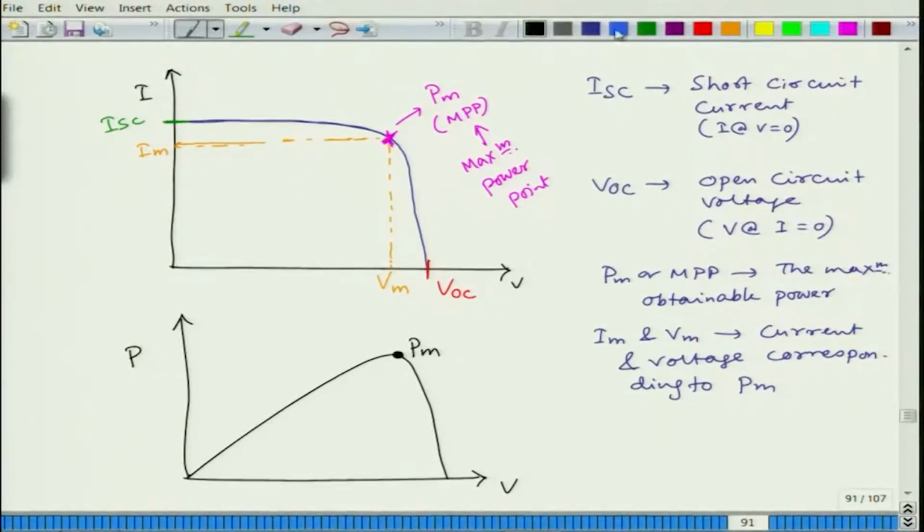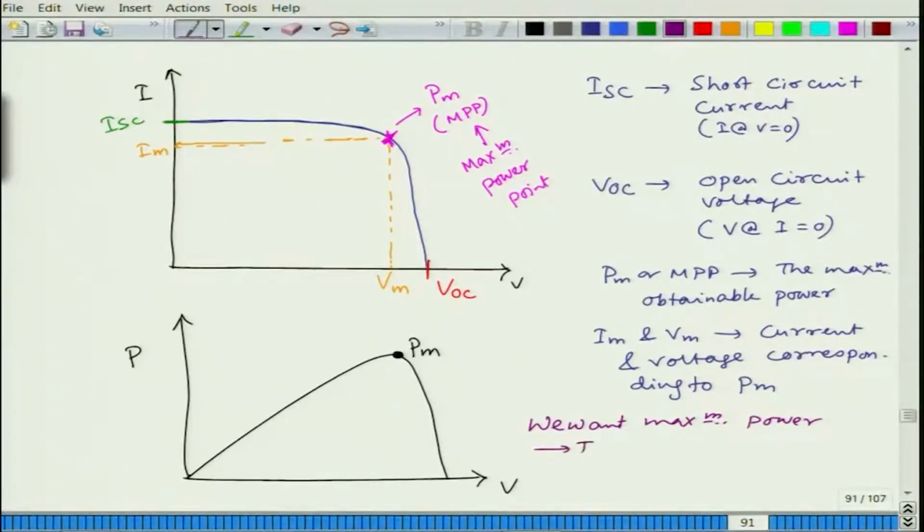So, what we want is maximum power, and for that you have to adjust this voltage continuously to maximize the power.